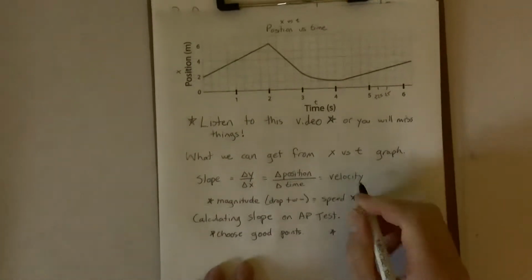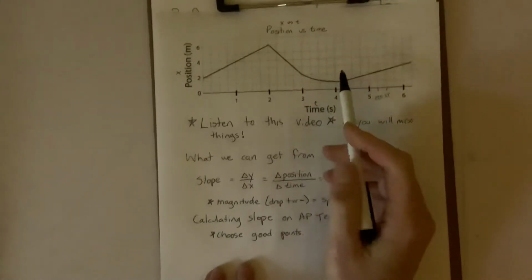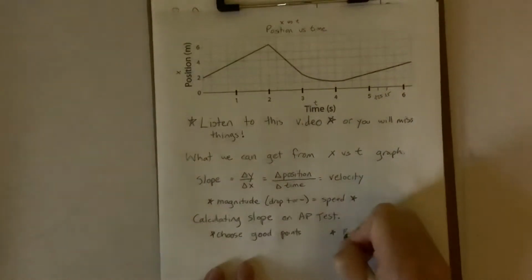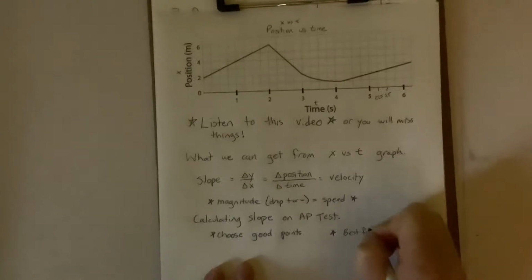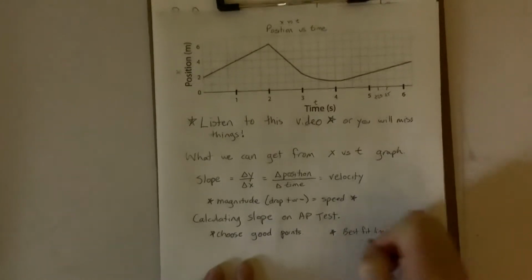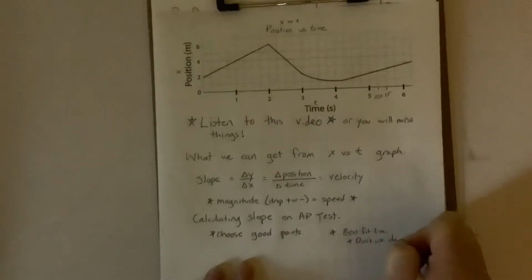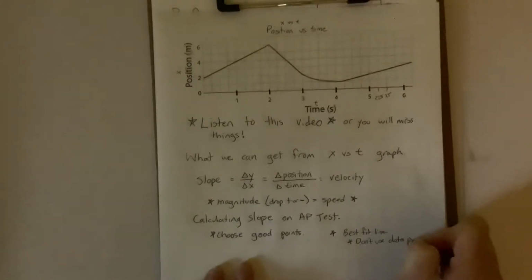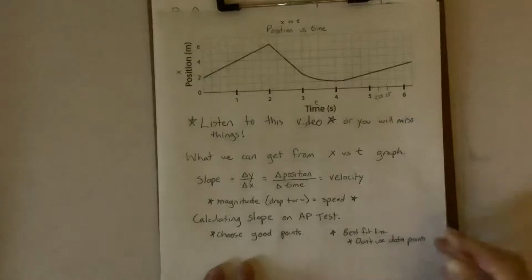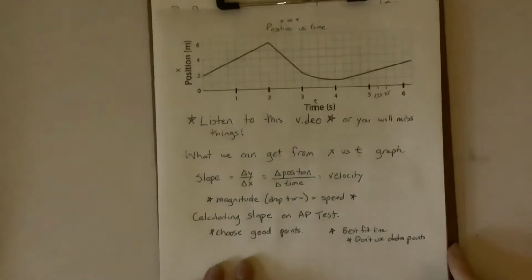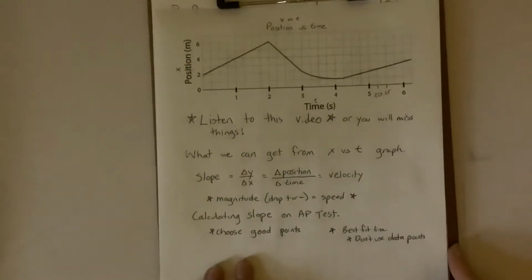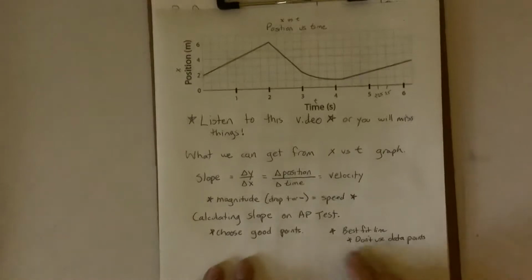If your line is not straight, or you are using a best fit line, don't use data points unless they are right smack dab on your line, okay? Using data points is a bad idea.